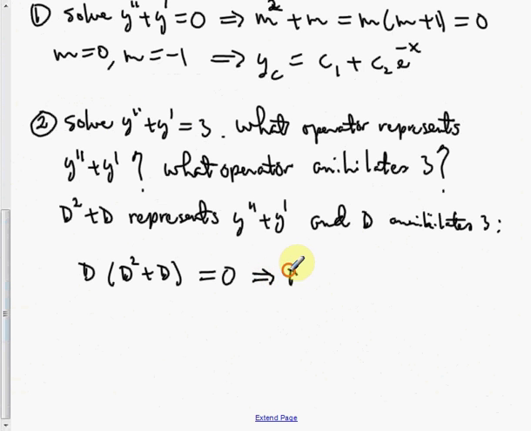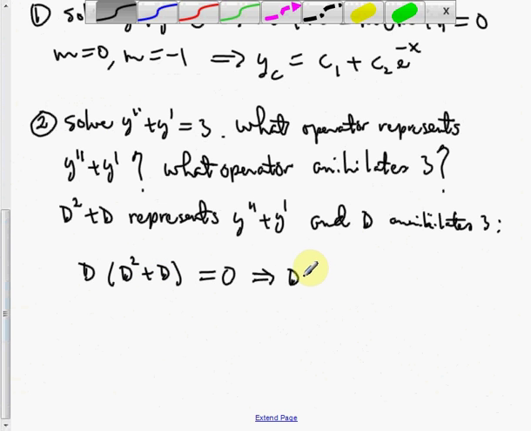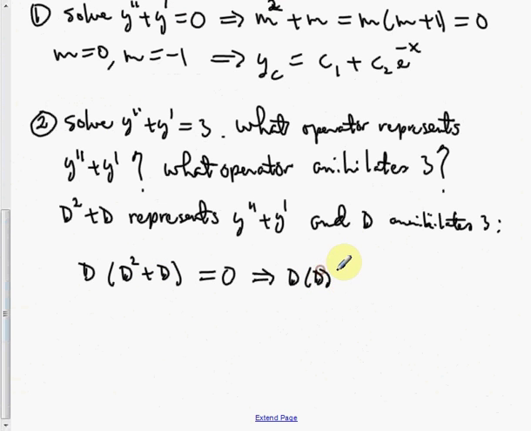This is D times D. I can write it like this. I'm factoring out a D from here. So this is D times (D plus 1) is equal to 0. Right? This is D squared times (D plus 1) is equal to 0.